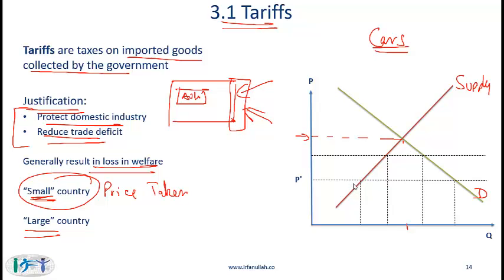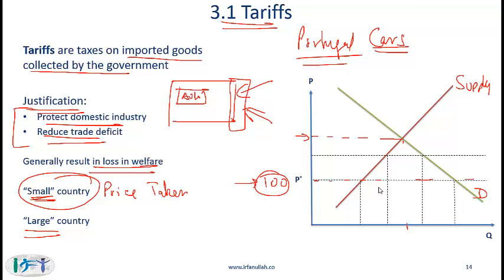But let's say that we do have free trade, and say that the price of cars in the global market is 100. If there is free trade, then the country that we are talking about here, let's say Portugal, can import cars at this price, which is the global price.